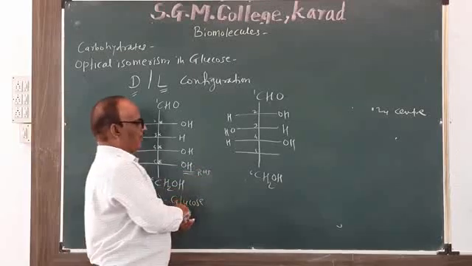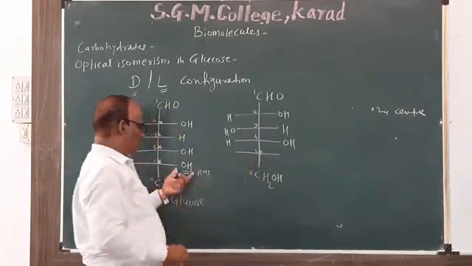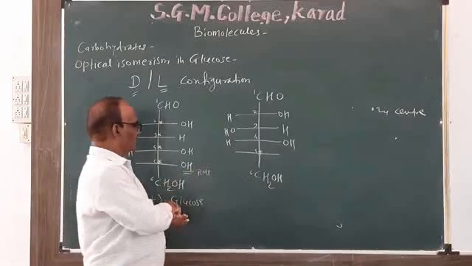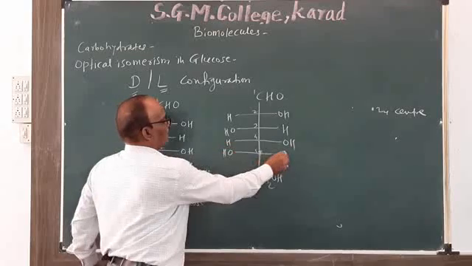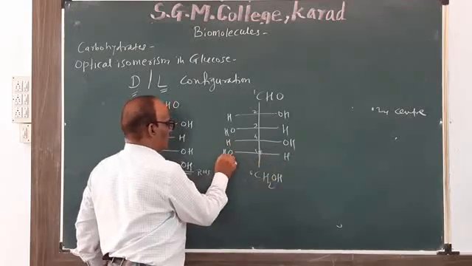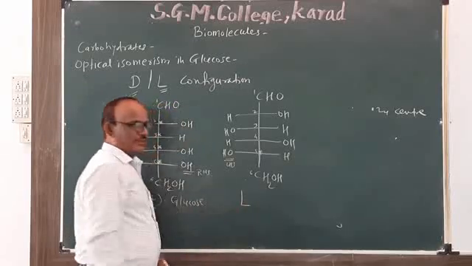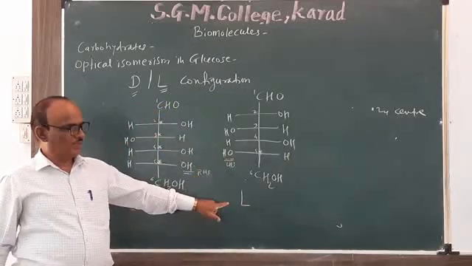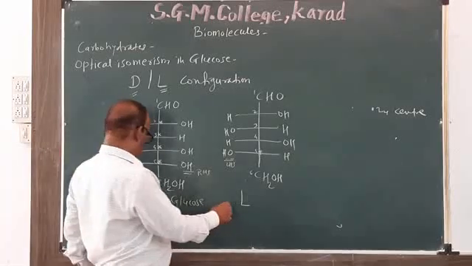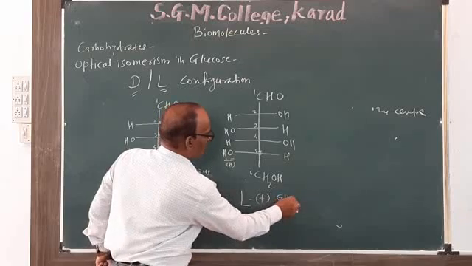Carbon number 5 is the lowest chirality center. If this OH group is present on LHS and H on RHS, therefore the configuration is L configuration. OH is on LHS, therefore it is an L configuration and plus glucose.